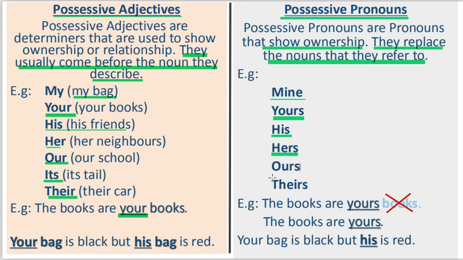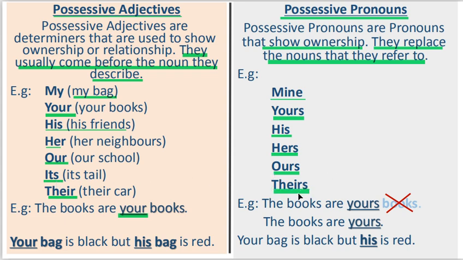Then we have ours, O-U-R-S. As a possessive adjective, it is our, O-U-R. But for possessive pronouns, we add a letter S, ours. Then the last one is theirs.